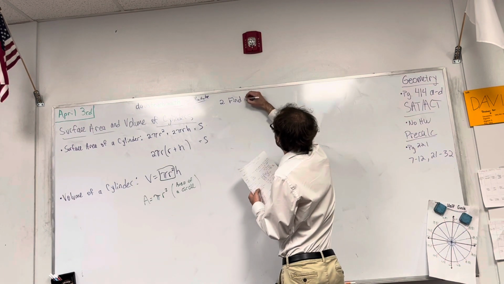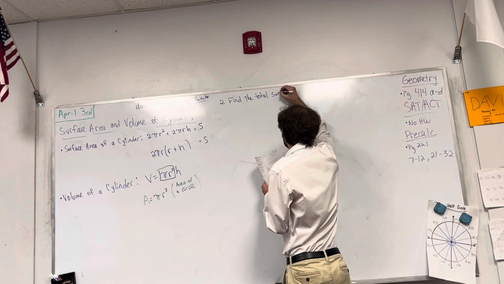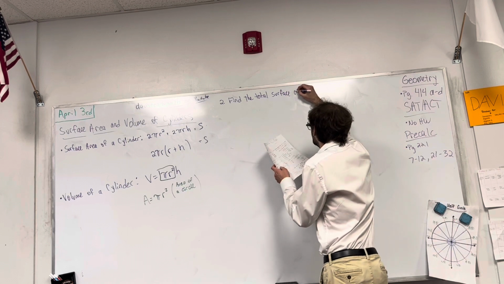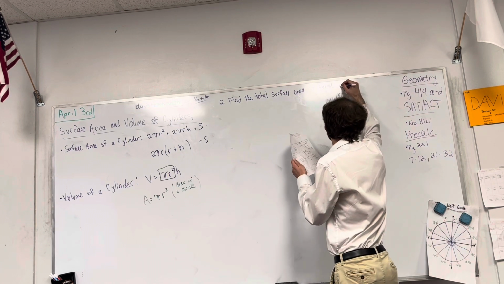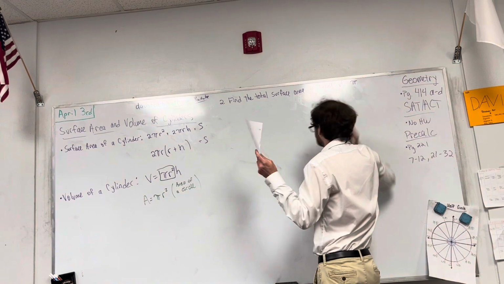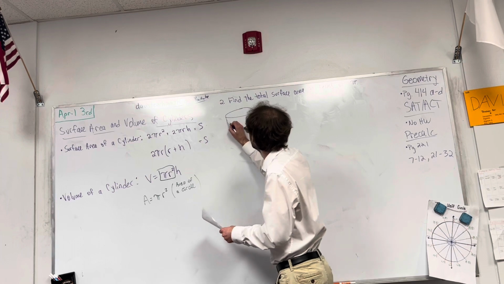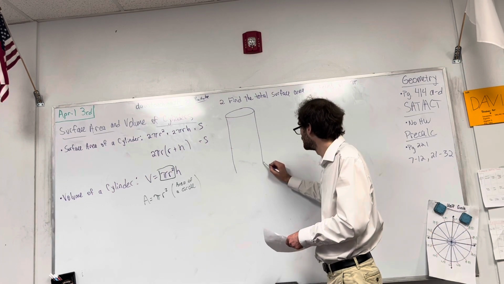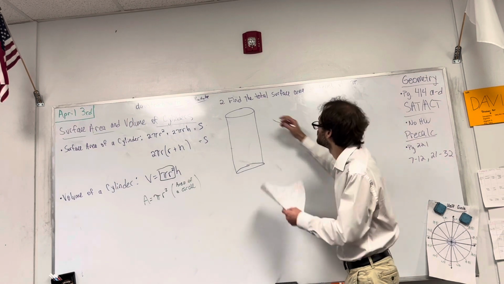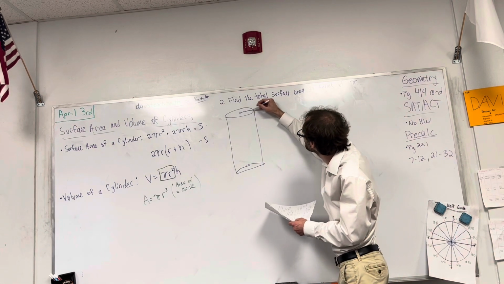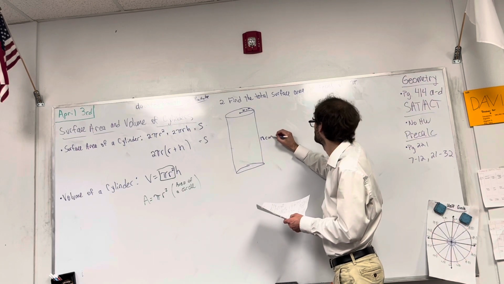Find the total surface area in terms of pi. Let's draw that cylinder here. What do we got for this one? We got a radius of 10 centimeters and a height of 18 centimeters.